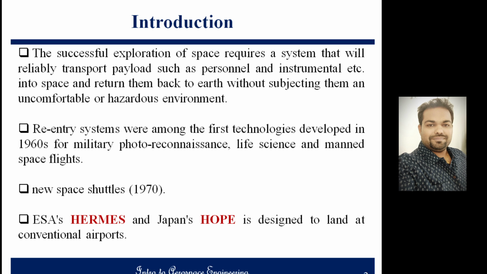The Hermes spacecraft is the result of a decade-long collaboration between NASA, the European Space Agency, Roscosmos of Russia, the Japan Aerospace Exploration Agency, and ISRO, our Indian agency. They are planning to develop it soon for space exploration, particularly from Earth to Mars orbit and back.